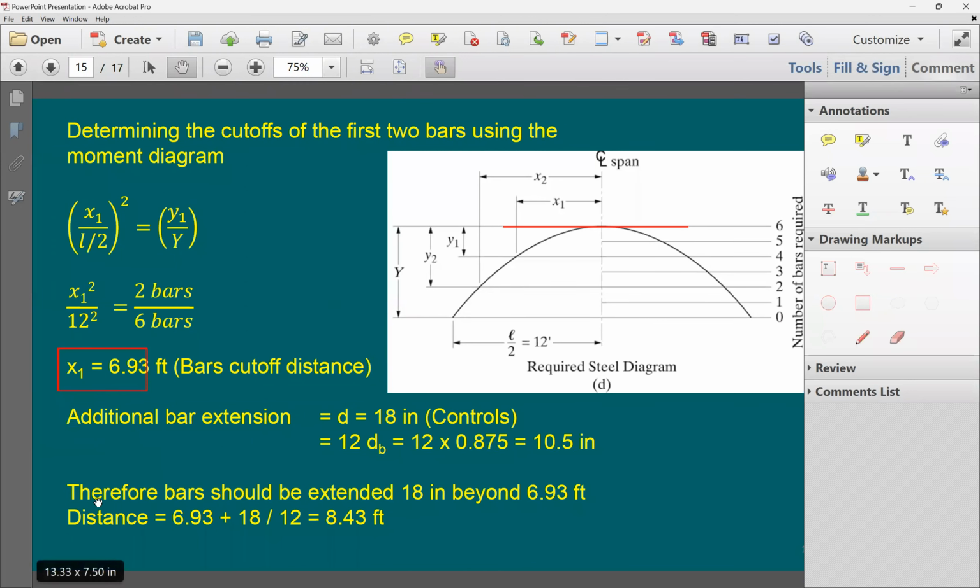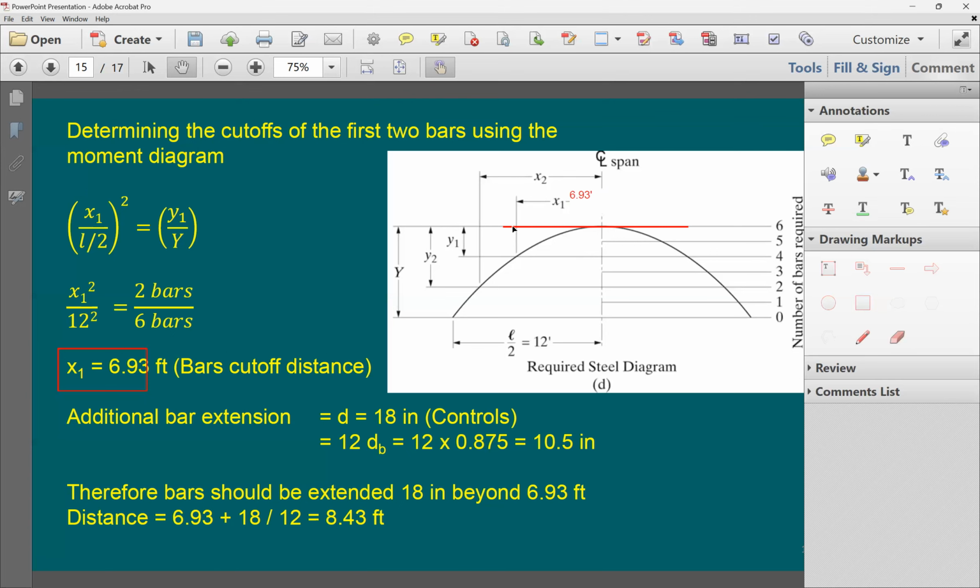And here is what it says. The bars should be extended 18 inch beyond the 6.93. What is the 6.93? It's going to be the X1 value, 6.93 feet. It's going to be like this. This is going to be X1.